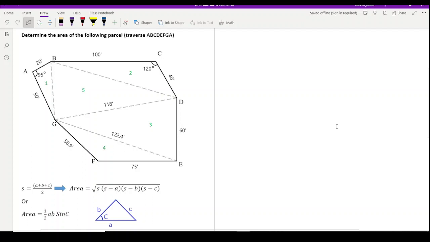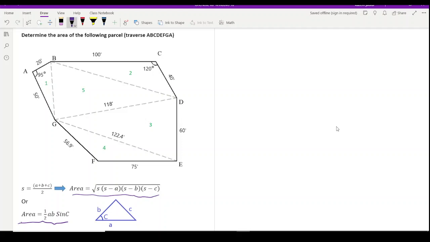Calculating the area of a parcel or traverse by dividing it into several triangles is one of the common methods surveyors use. We will use one of these equations that I have already presented for you. This parcel is divided into 5 triangles.